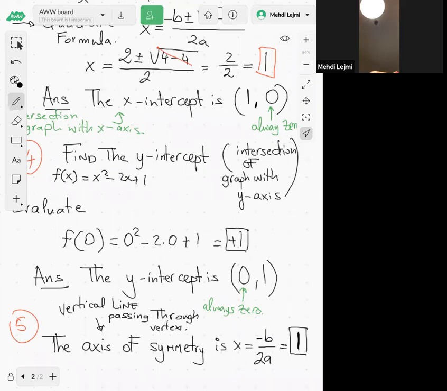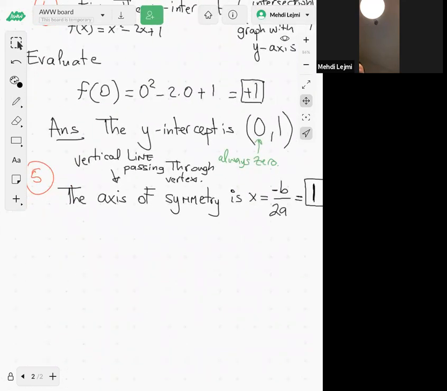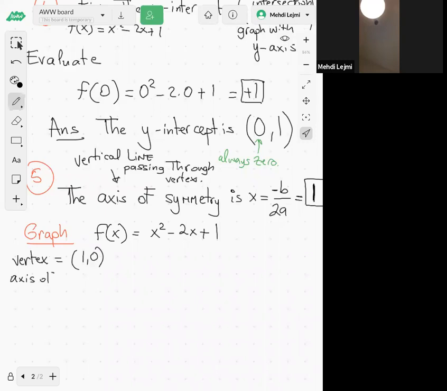So let's graph now f of x, which is x squared minus 2x plus 1, right? Let me just write down here the information I'm going to use. We said the vertex is 1, 0, right? Axis of symmetry passes through the vertex, so it's x equal to 1.